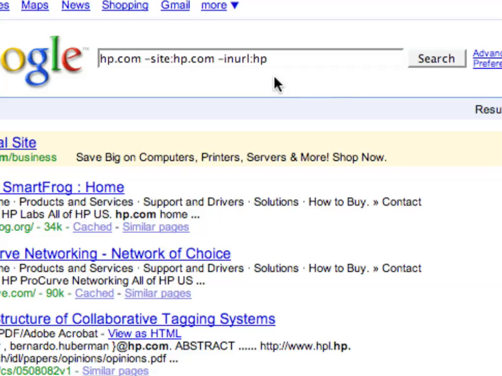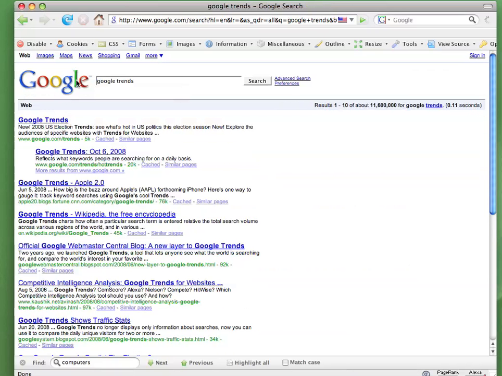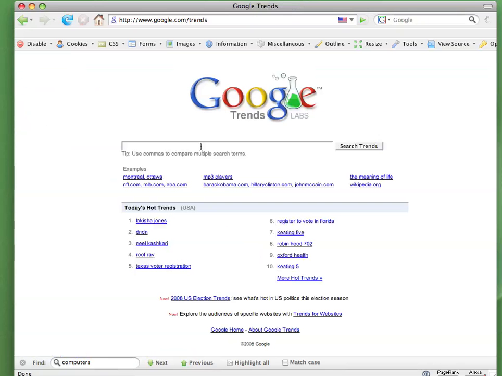What we can do right now, actually, and I just thought about this, so maybe it won't work, but let's go to Google Trends for a second and try to measure HP.com versus Dell.com and see what it tells us.